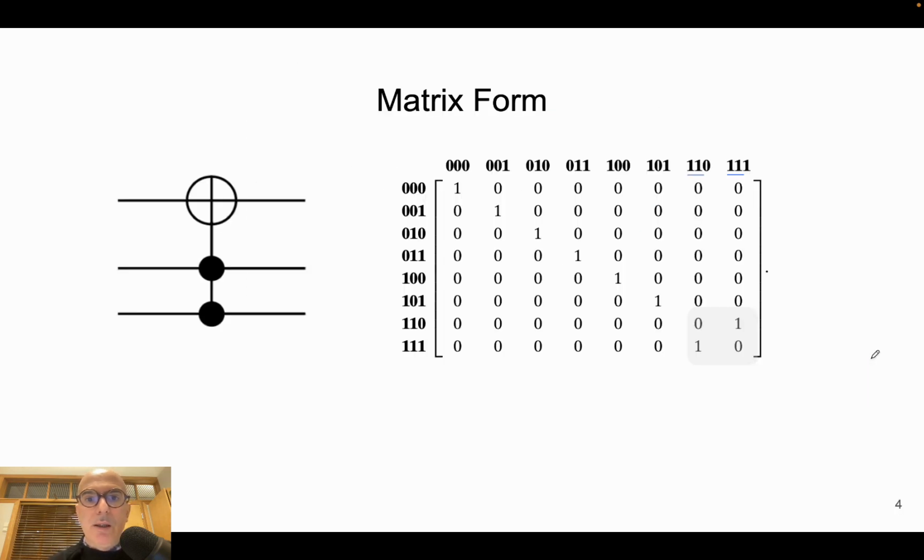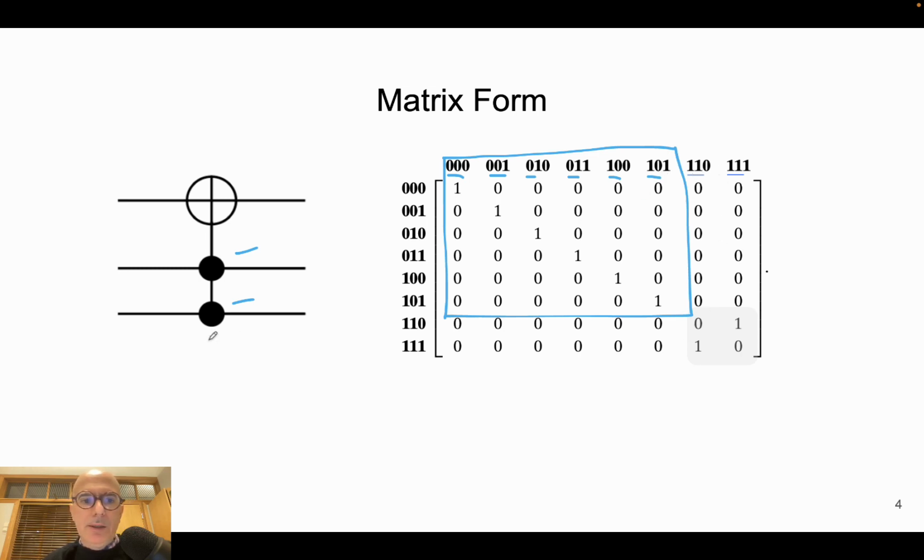We can express the CCNOT operation also in matrix form. We know that the second and the third qubit need to be equal to 1 in order to have a NOT operation. So the matrix form is basically an identity matrix when the binary representation of qubits 2 and 3 is not both 1.